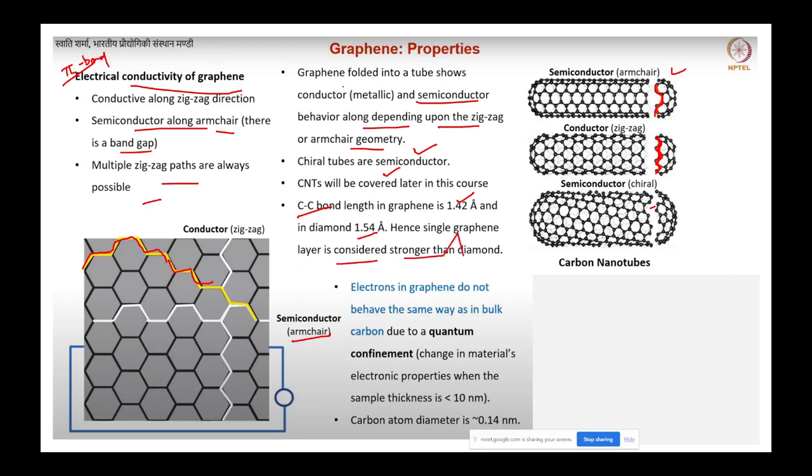The electrons in graphene do not behave in the same way as in bulk carbon due to quantum confinement, a change in the material's electronic property when the sample thickness is less than 10 nanometers. Carbon atom diameter is 0.14 nanometer.